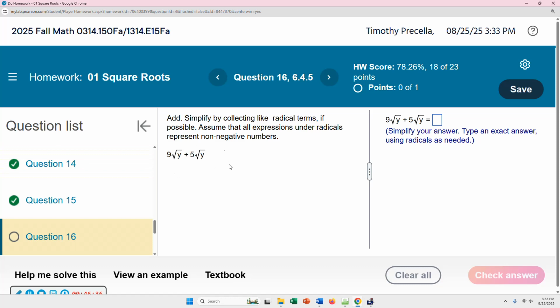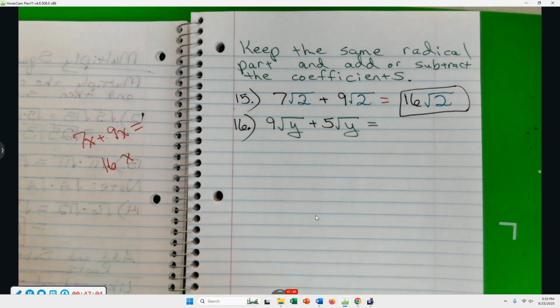So we have 9 square roots of y plus 5 square roots of y. And Tony, I don't want you to say anything. I'm going to ask him a question, and I don't want you to answer it for him. You've been answering the questions I've been asking. There was one time in particular, you just cut to the chase and answered the question before they had time to think about it. Here's my question. On number 16, I'm going to ask him the question, what's the answer?